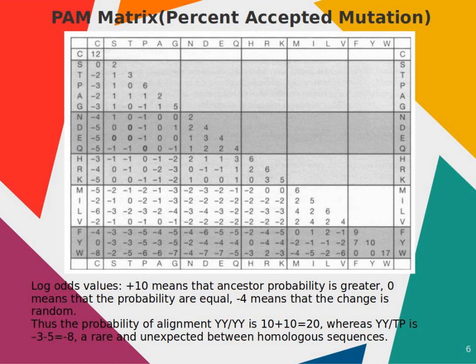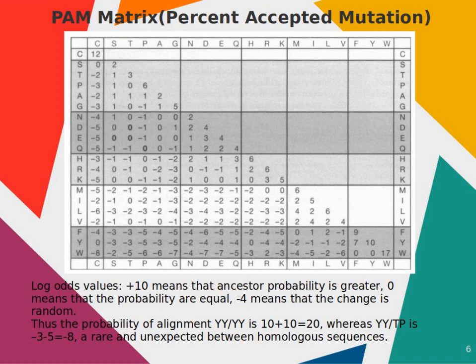We have studied that PAM is based on observed substitution rates. So we might think, why are there negative values in the PAM matrix? It is because we are writing log odds values, the odds of success value is defined here.